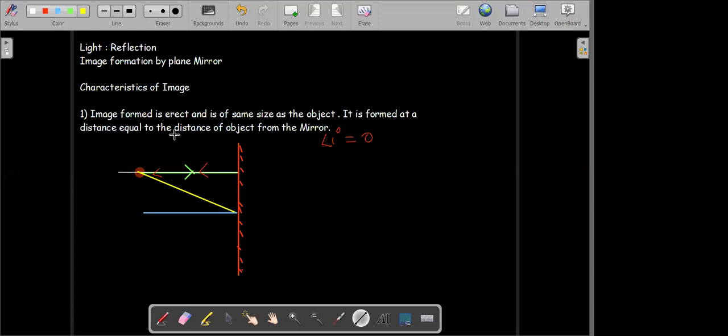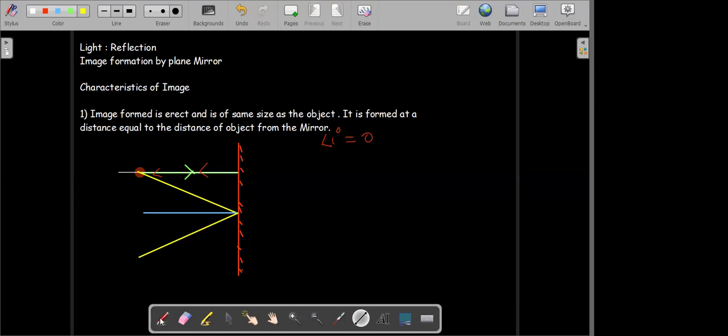Okay. So if I draw the angle of reflection, the angle of reflection will be downward. So here this is the angle of incidence, and I get here the angle of reflection at the same angle.